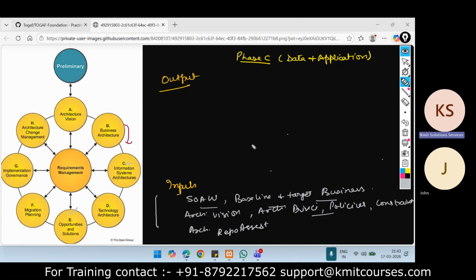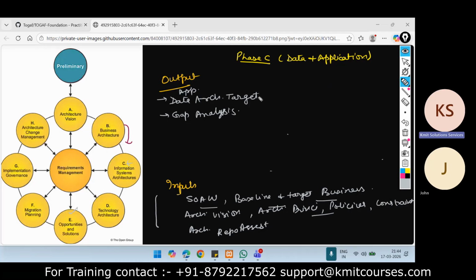So you need to have the data architecture for the target system, data and application both, right? You will be having the gap analysis. You will have the data architecture and the application architecture model.